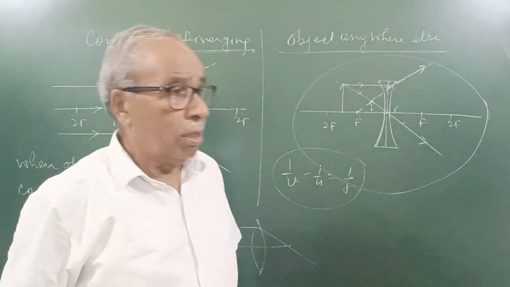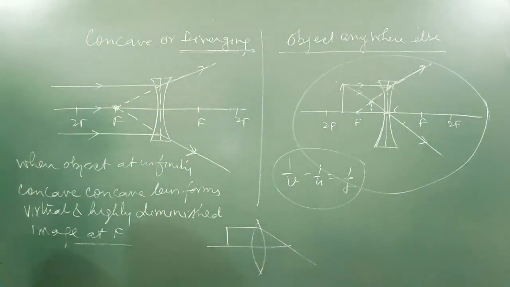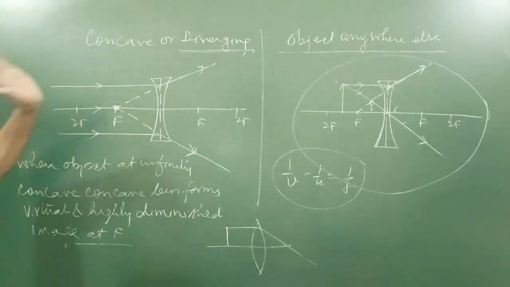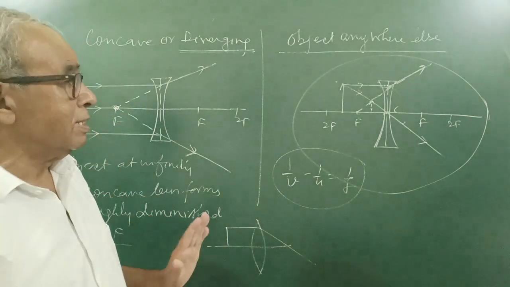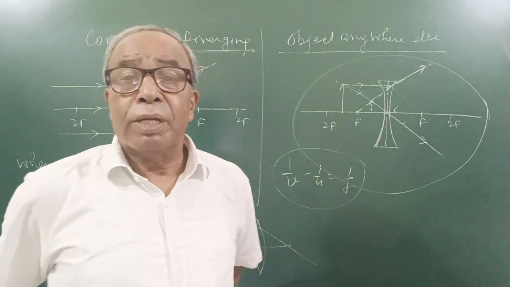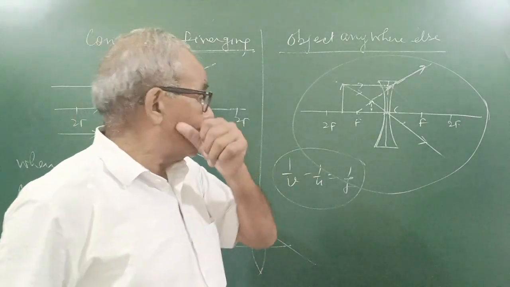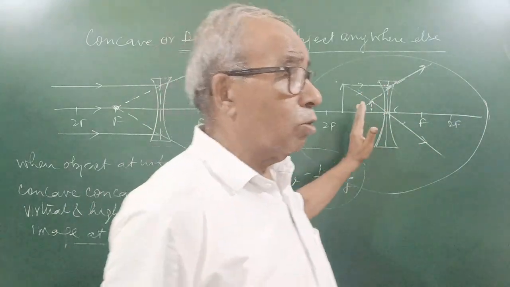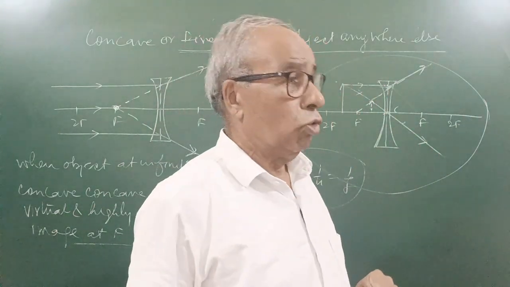बताऊँगा, my colleague once came to me, sir, explained me that in case of convex lens, object at infinity, immediate focus, or when object at focus, immediate infinity. Why does it not happen in concave lens?